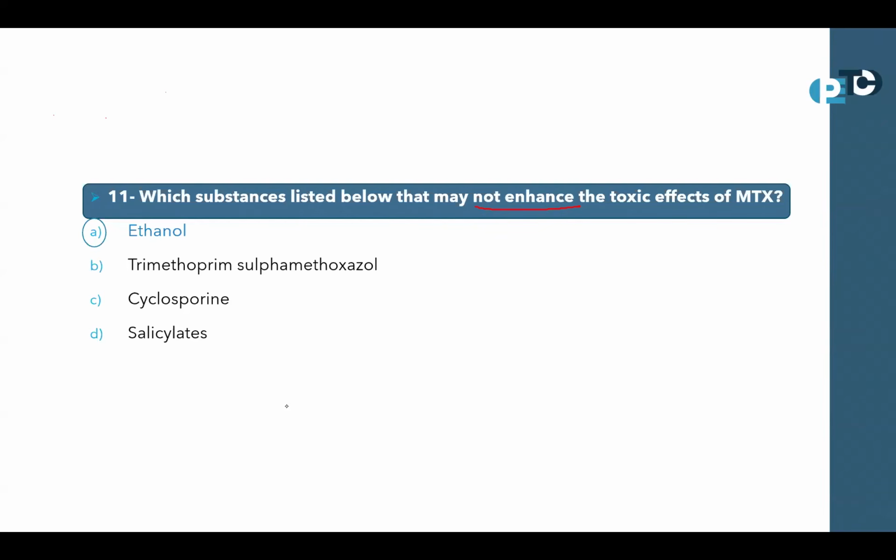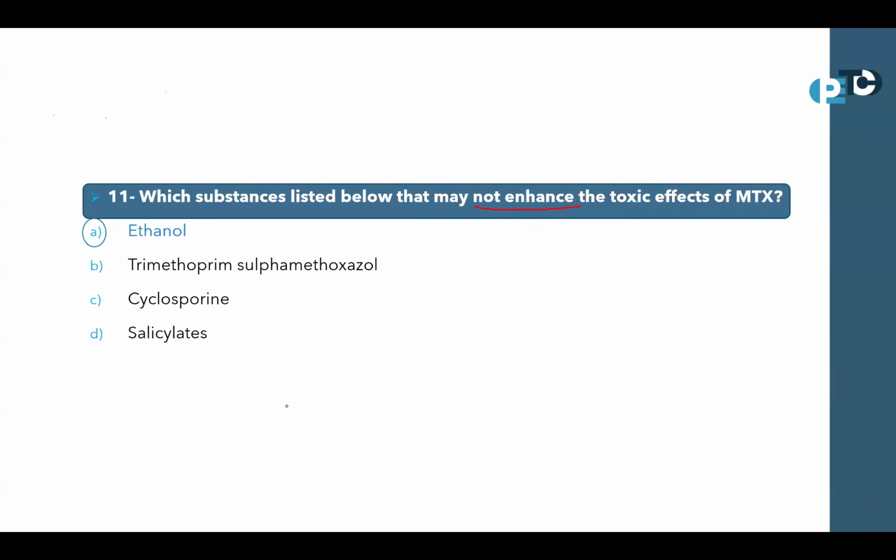For example, trimethoprim and sulfamethoxazole will affect the folic acid. They will decrease the folic acid. They are antifolate, and as you know, folic acid is important for methotrexate. If folic acid decreases, the toxicity of methotrexate will increase.